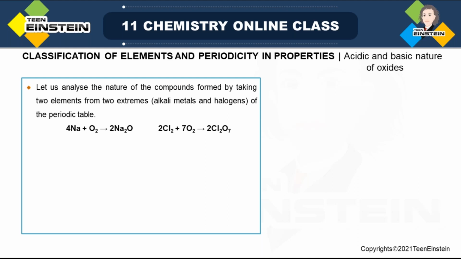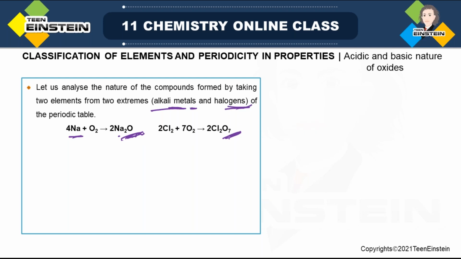Okay. So let us analyze the nature of compounds formed by taking two elements from two extremes. So we have taken one element from alkali metal, which is sodium, another element from halogen, we have taken chlorine. Now both are reacting with oxygen, but what type of compound are we getting? We are getting here sodium oxide, and this is chlorine oxide.